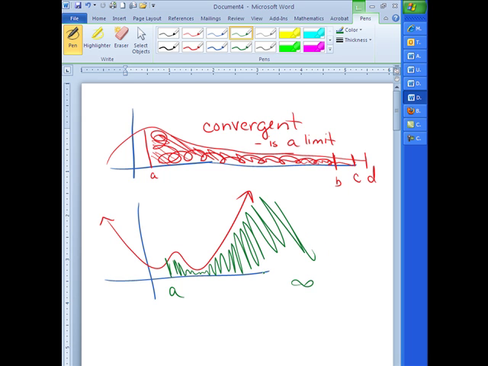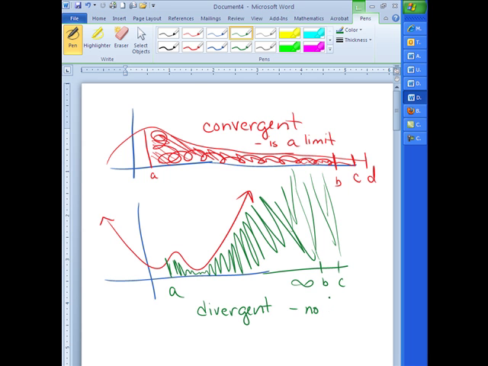Even if I just went one more step from B to C, look at how much more area we would have to add on. This type of graph is called a divergent graph, which means that there is no limit, and therefore the area under the curve is just getting infinitely large.